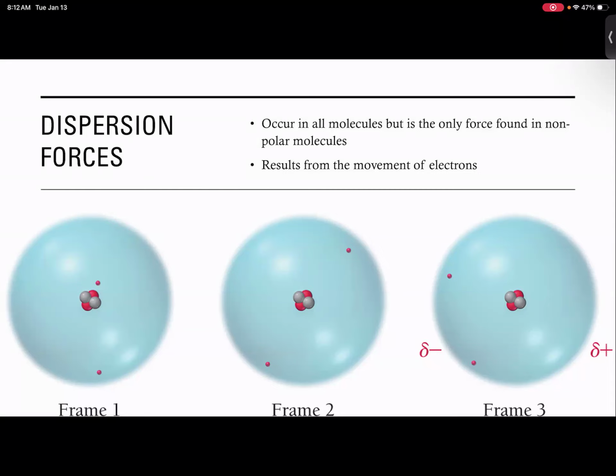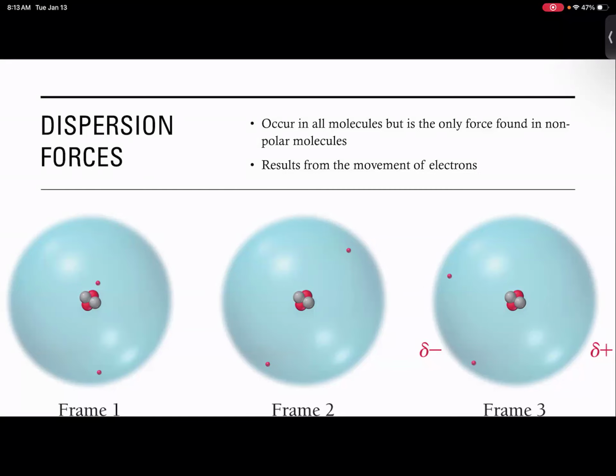Okay, that is what we pretty much expect for our helium atom. But these electrons are in constant motion, so sometimes this electron may be here, sometimes it may be out here. But in this example, in frame 2, we still have the electrons on opposite sides of the nucleus. But they are in constant motion.